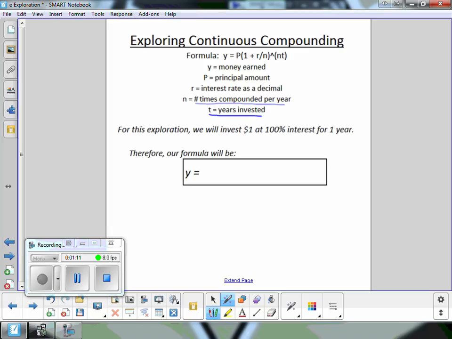T is the number of years that you will invest the money, and y, what the formula equals, is the amount of money that you earn over that time period.